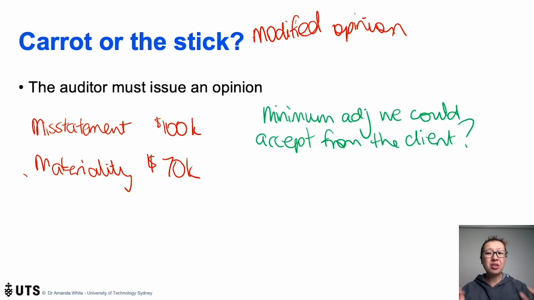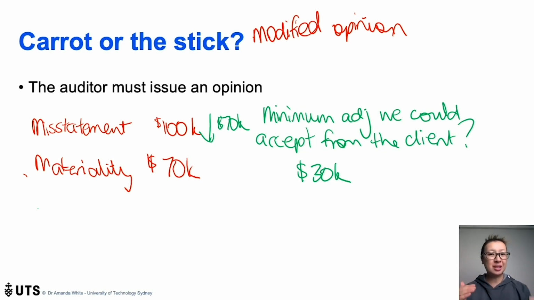So their desired adjustment is 0, absolutely none. Ideally, we would love them to make all of the adjustment. However, the minimum adjustment that we're going to accept from the client is going to be 30,000. Why 30,000? Because that takes that misstatement down to a value of 70K, which is our materiality threshold.